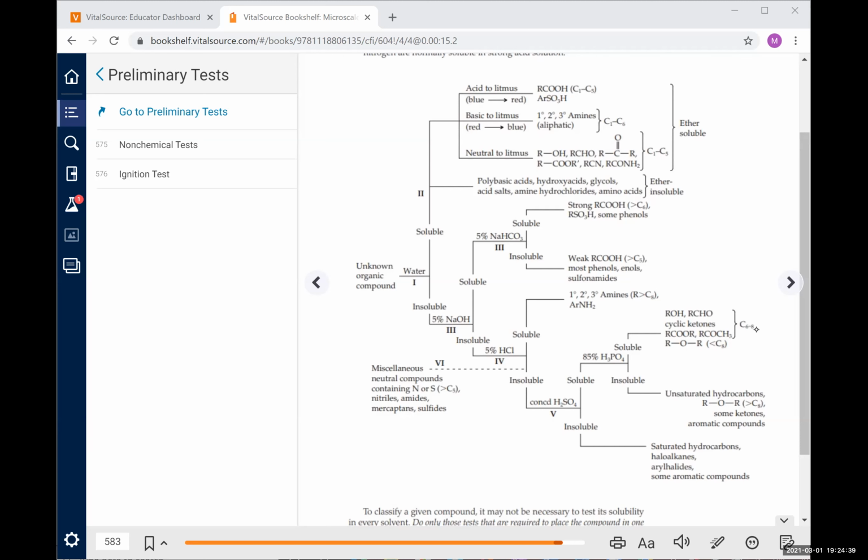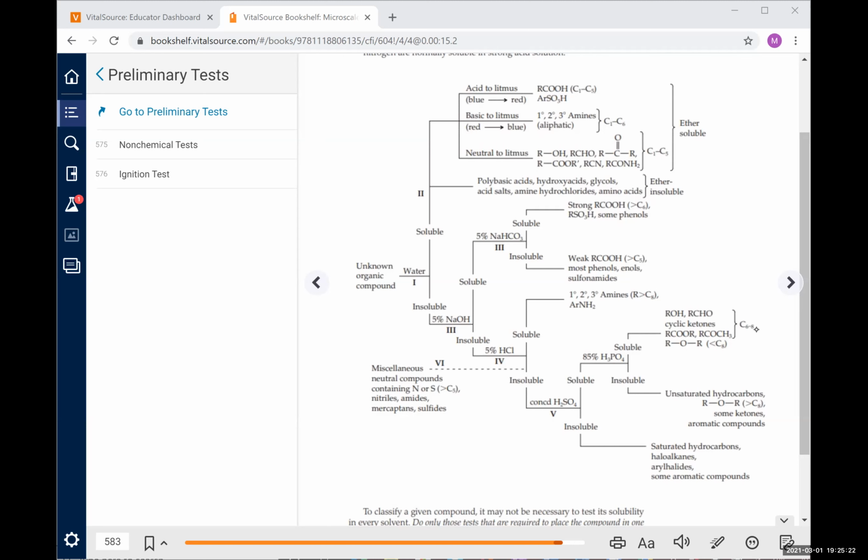If you treat your same amide sample and you try to dissolve it in sodium hydroxide, dilute hydrochloric acid, and concentrated sulfuric acid or concentrated phosphoric acid, in this case, if you try to dissolve your amide in sodium hydroxide or hydrochloric acid, you would expect to observe a slight decrease in solubility in these slightly acidic and slightly basic solutions.